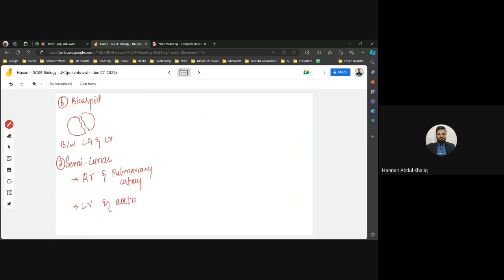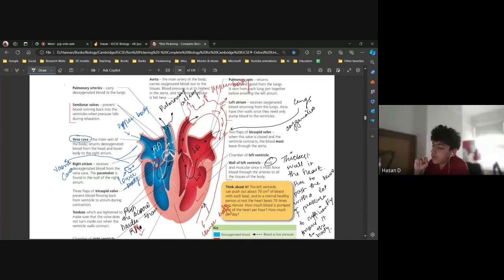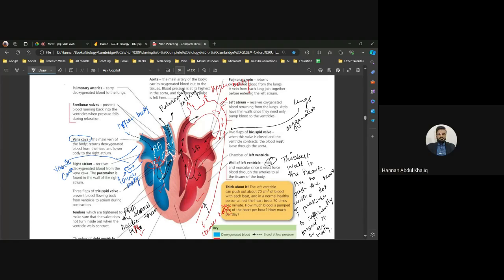The purpose is the same. Look at this wall. When the ventricle pumps, the blood moves forward, but there is a high chance some of the blood would get back to the ventricle, and we cannot allow this. So this valve would immediately be closed. This is one semilunar, this is the second semilunar.